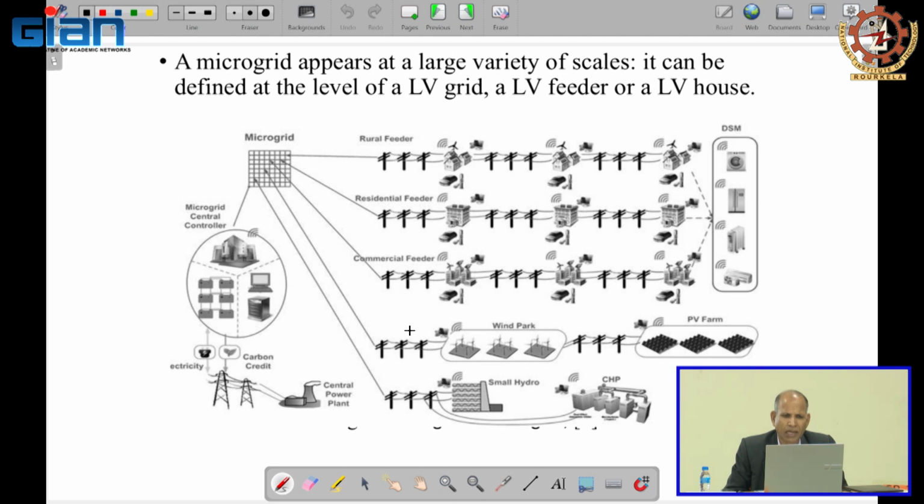So here, in terms of low voltage grid, in the picture you can see different kinds of sources, like wind, photovoltaics, small hydro, combined heat and power, then your loads, building loads, electric vehicles. So this can represent a low voltage grid.